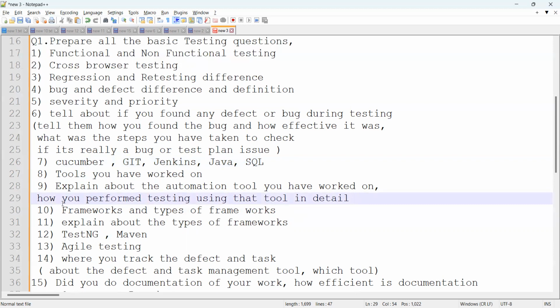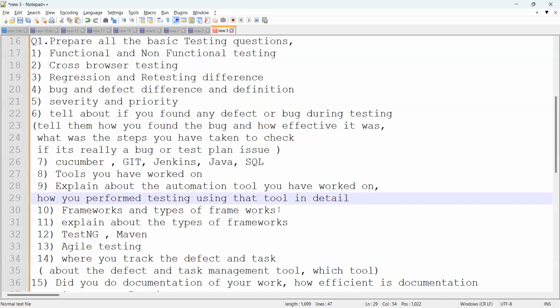Like the ninth question, the same is for the tenth: framework and types of framework. If you are saying that you have worked on multiple types of framework, he might ask you some details of those frameworks. The intention of the interviewer is to identify whether you have really worked on those frameworks, or you are just writing test scripts to automate the manual test cases.